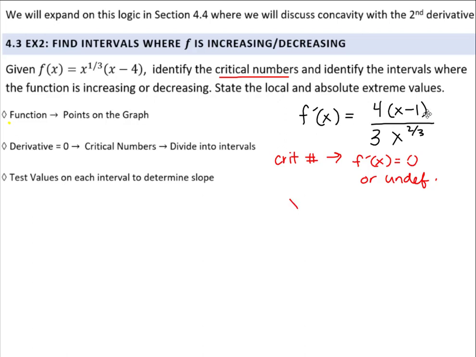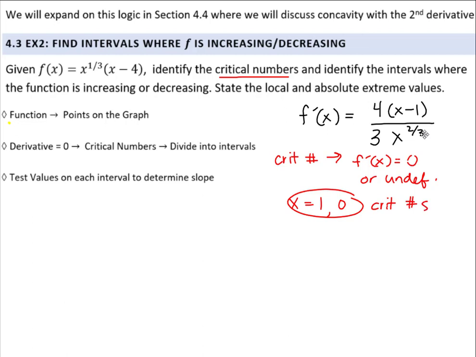And that's going to give me the numerator is equal to 0 at x equals 1. Are there any undefined values for this derivative? Of course, the denominator cannot equal 0. So 0 is the value that would turn that into 0. So I have 2 critical numbers.